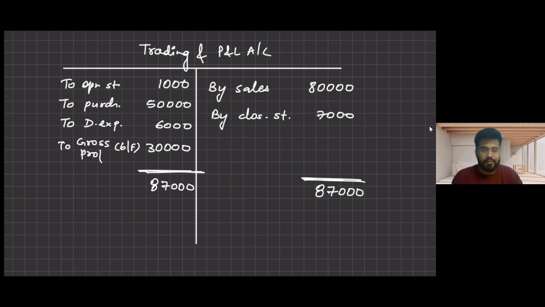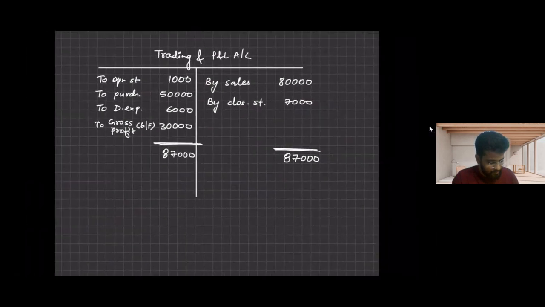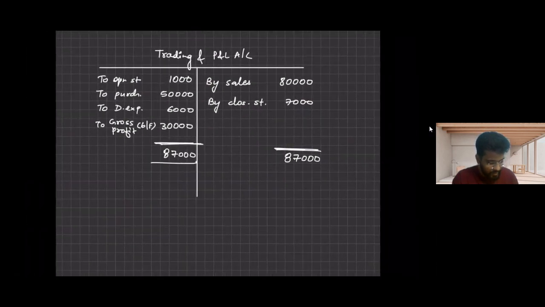Everybody knows how to calculate the gross profit? Yes. So that we have calculated now. This gross profit will further be brought down in your P&L account as 30,000.